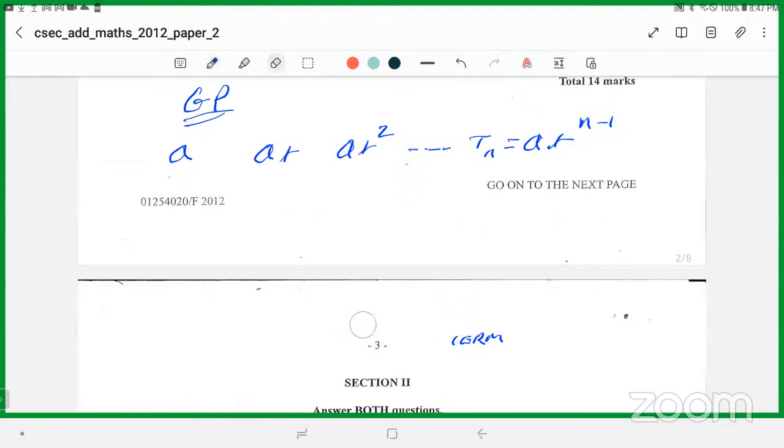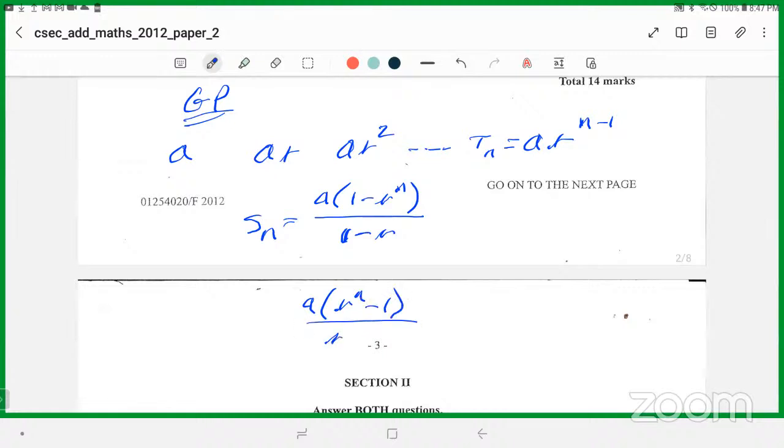Now, another thing about GP is the sum. Again, you're going to get that on the formula sheet. So the sum to any number of terms is a formula that says it is A into 1 minus R to the N, over 1 minus R. When the R is greater than 1, you can turn these around and instead write it as A into R to the N minus 1 over R minus 1.